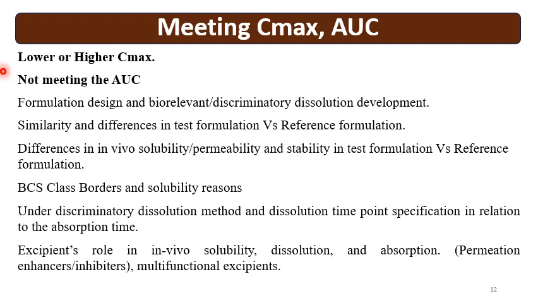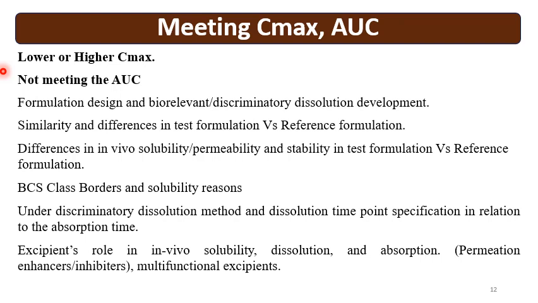Then BCS class borders and the solubility regions. So generally BCS gives the idea of solubility and permeability, but there are certain limitations: some drugs belonging to BCS class 1 may show dissolution dependency based on the particle size.